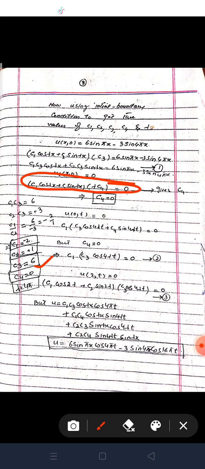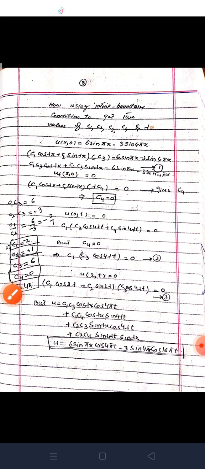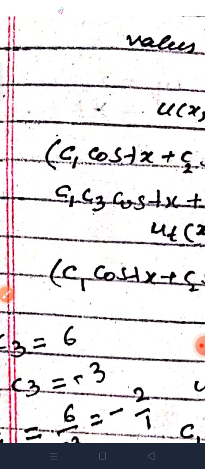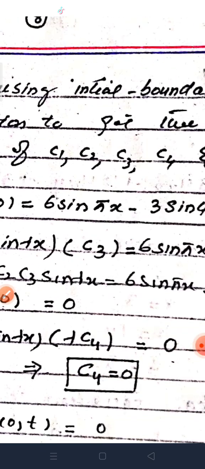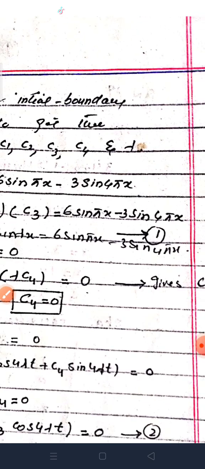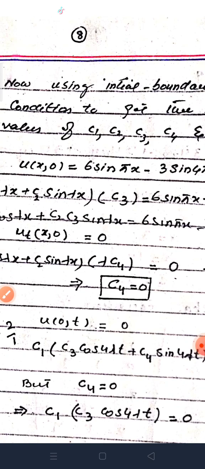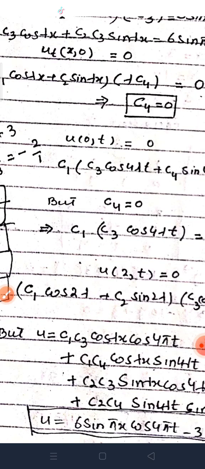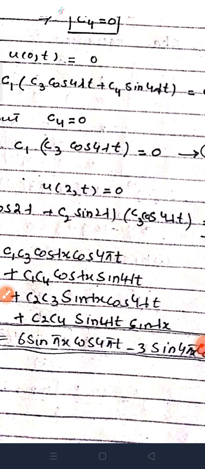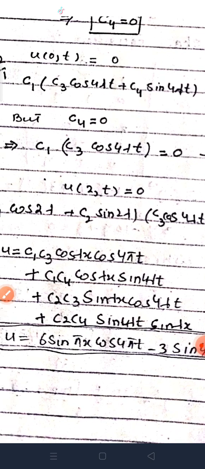Now we will decide what should be the value of lambda. Now I am considering this equation. Watch this equation closely. What is this value? This value is equal to 6, and this value is equal to cos lambda x.